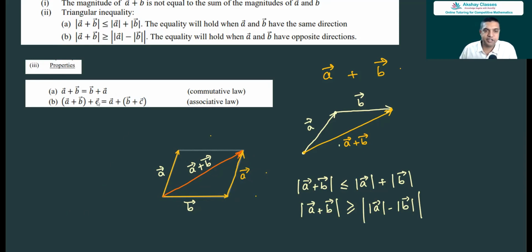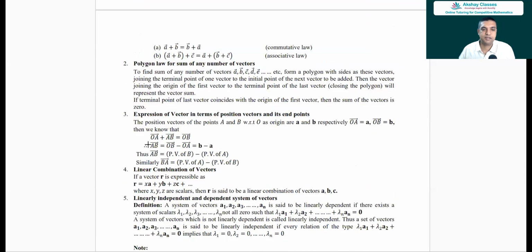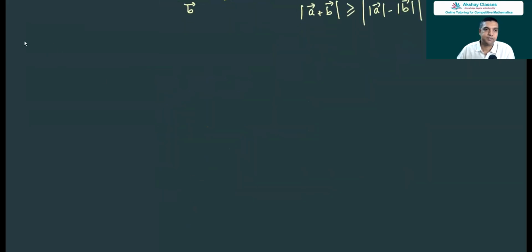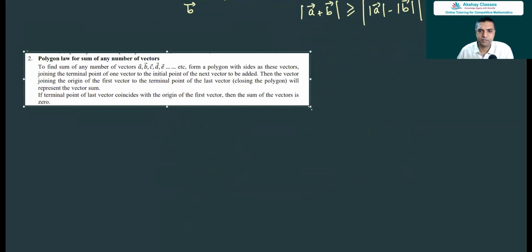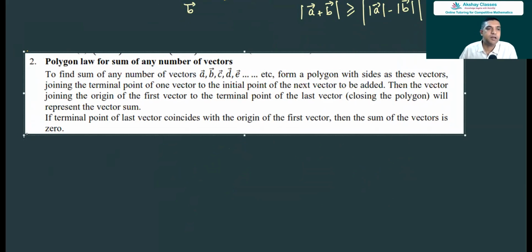So vector addition is commutative, and vector addition is associative. And the polygon law of summation of vectors.